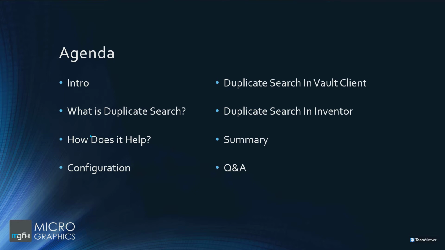We'll look at configuration: how do we configure duplicate search? Then we will have a look at what duplicate search looks like from within the Vault client, and then inside of Inventor and what functionality it will give you as a designer in Inventor. And we'll close off with a summary and Q&A session at the end.